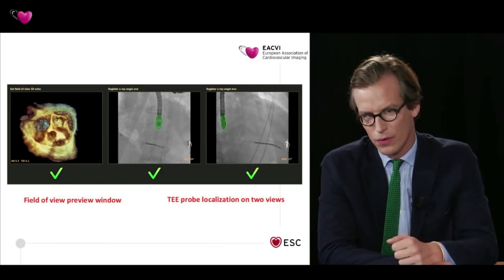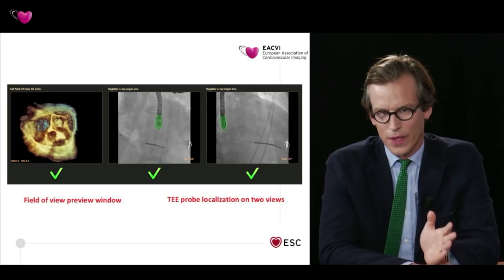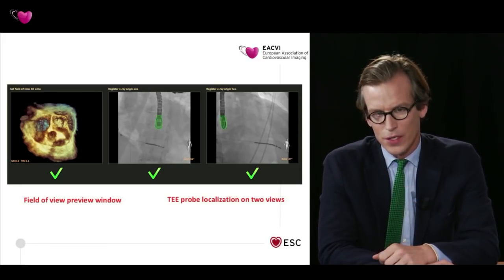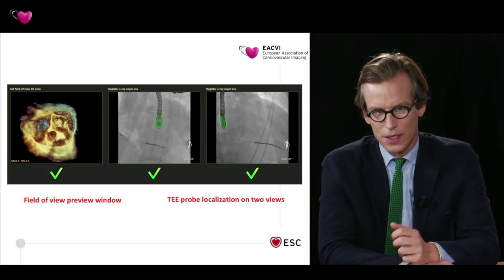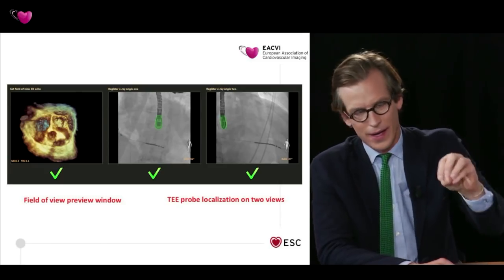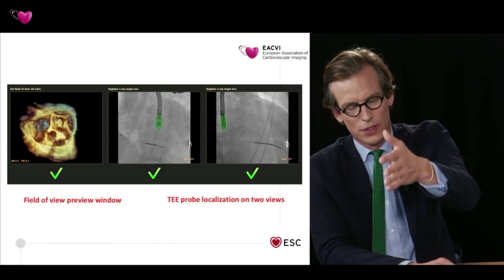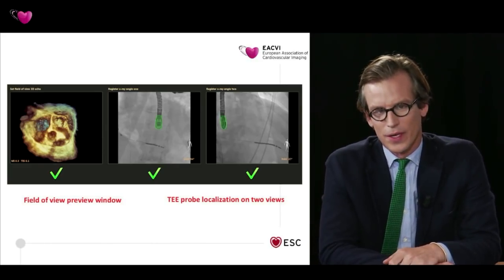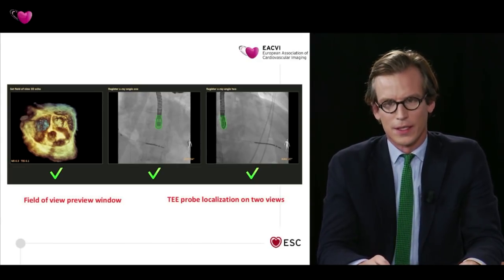And you fluoro the TEE probe from the RAO and from the LAO. And with these three informations, the fusing technology knows exactly, okay, if my TEE probe looks into this direction, then I have the correct anatomic information of the heart looking like this.